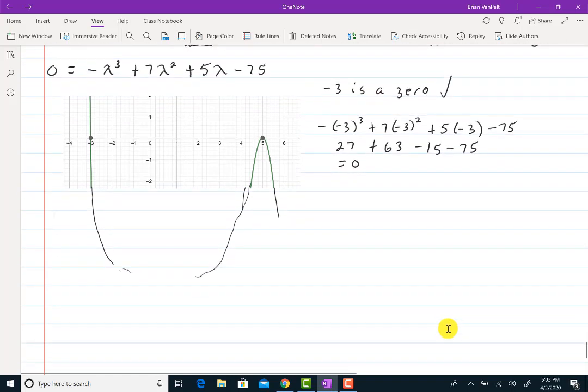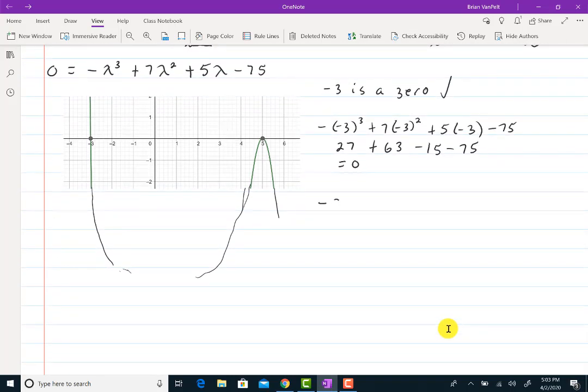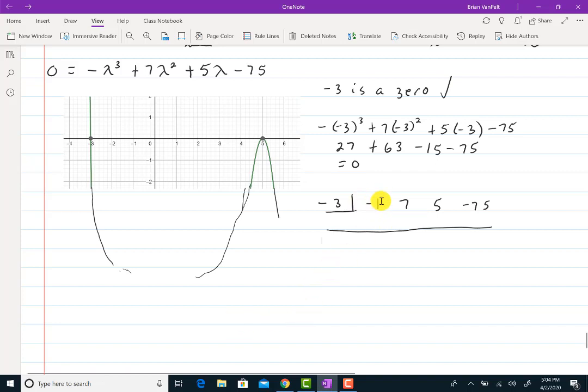Once I know that it's a 0, I can do this. Do you remember this? Synthetic division. I list my coefficients here, negative 1, positive 7, positive 5, and negative 75. And the way this process works is the first thing I do is I drop the negative 1 down, and then I take negative 1 times negative 3, which gives me positive 3, and I insert it under the 7.